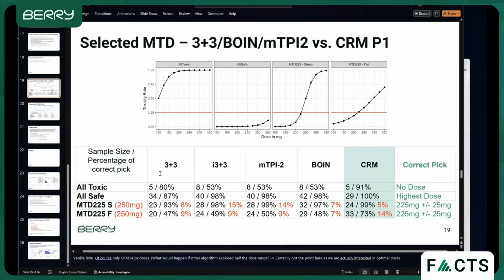You need to know what you're doing, or you need to spend a lot of detective work going through your individual simulations to see whether the design actually does what you want it to do. But when you've really set it up well and made it robust across several different assumptions of the underlying truth of the dose toxicity relationship, it usually outperforms the other ones. That's at least our experience with it.